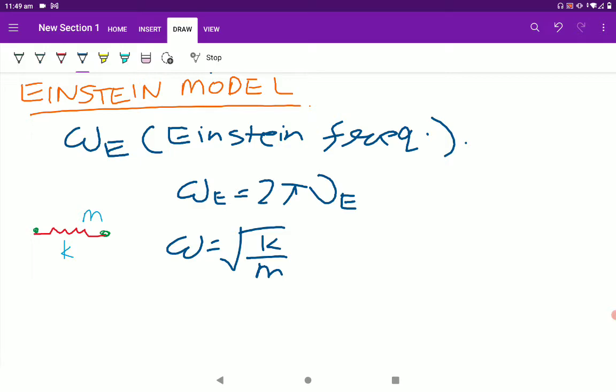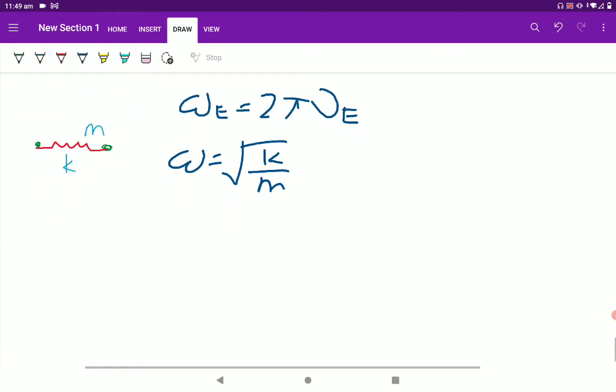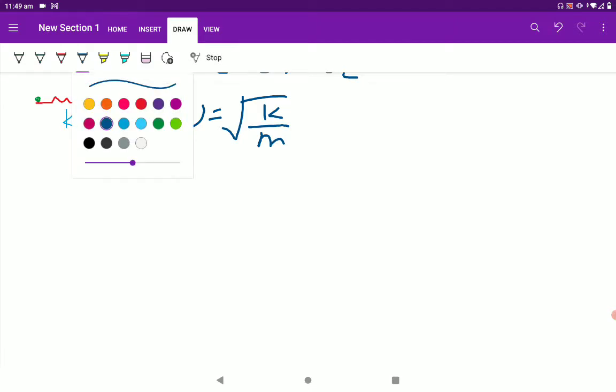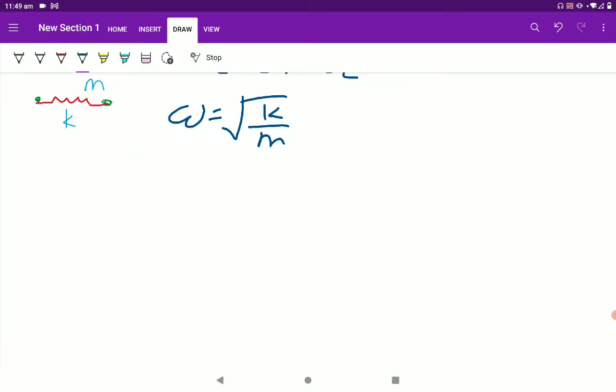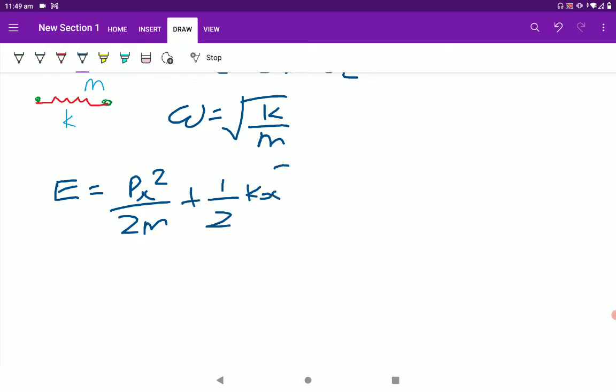So in the Dulong-Petit model, the energy of the 1D harmonic oscillator was represented in this fashion. Substituting the value of omega, we can write K is equal to m omega square.